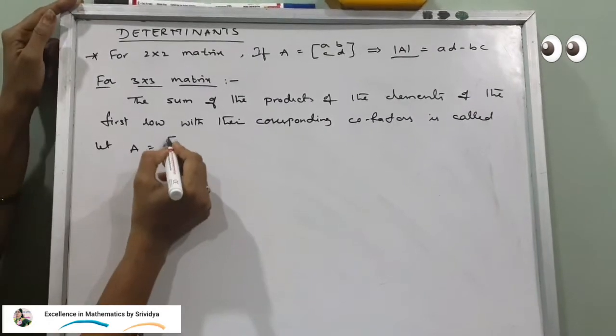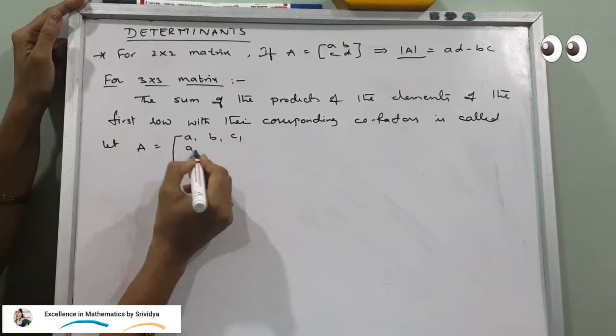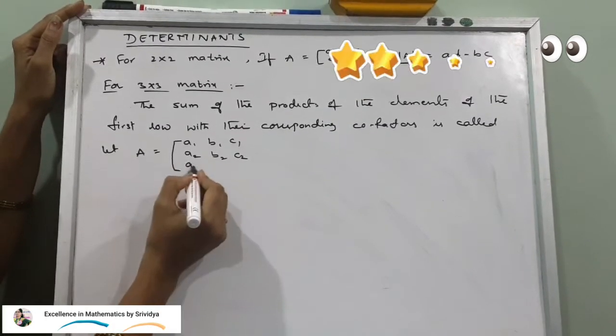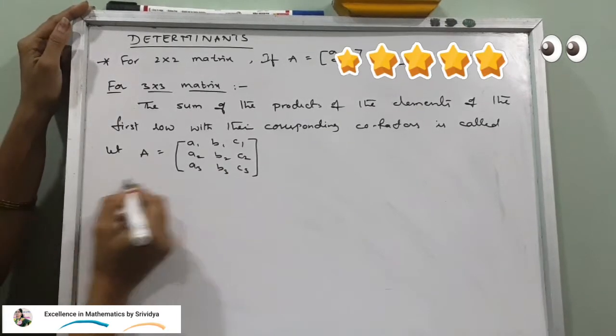Let A be the general matrix with rows A1 B1 C1, A2 B2 C2 and A3 B3 C3.